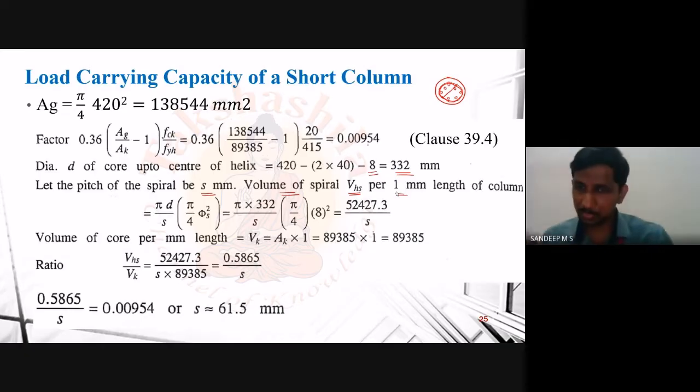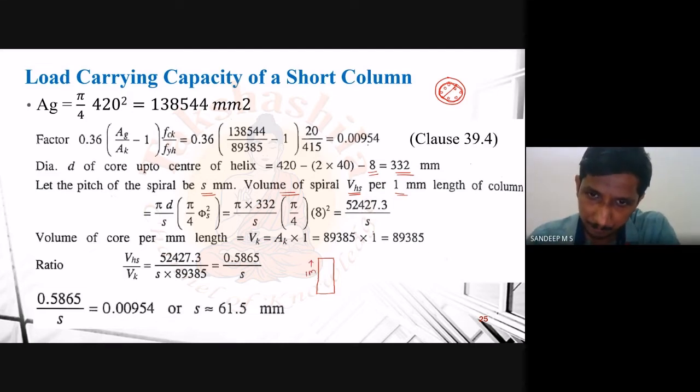For understanding this, let's take a bigger case. Please look into this slide. Say I have a column having a height of 1 meter. This is the side view of my column, and this height is 1 meter.